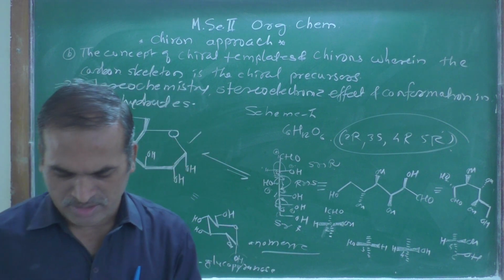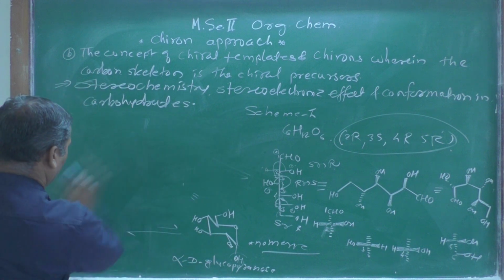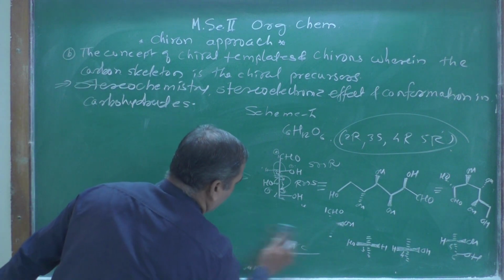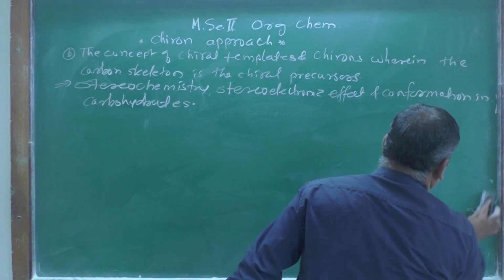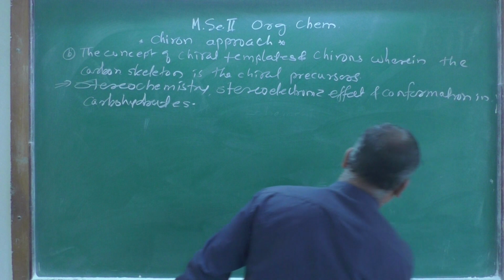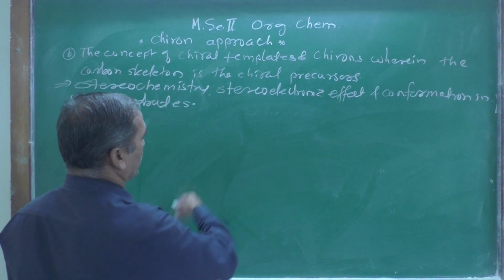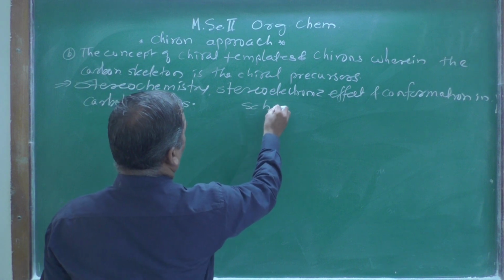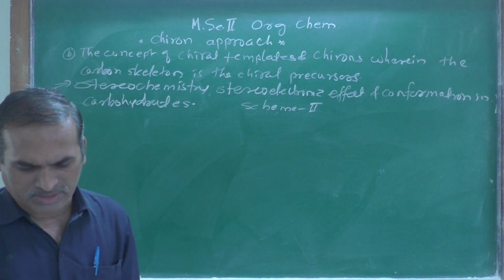Now let us look at scheme number two, how we can get the versatility of that starting material. That's why we are learning this in detail. Here is scheme number two.